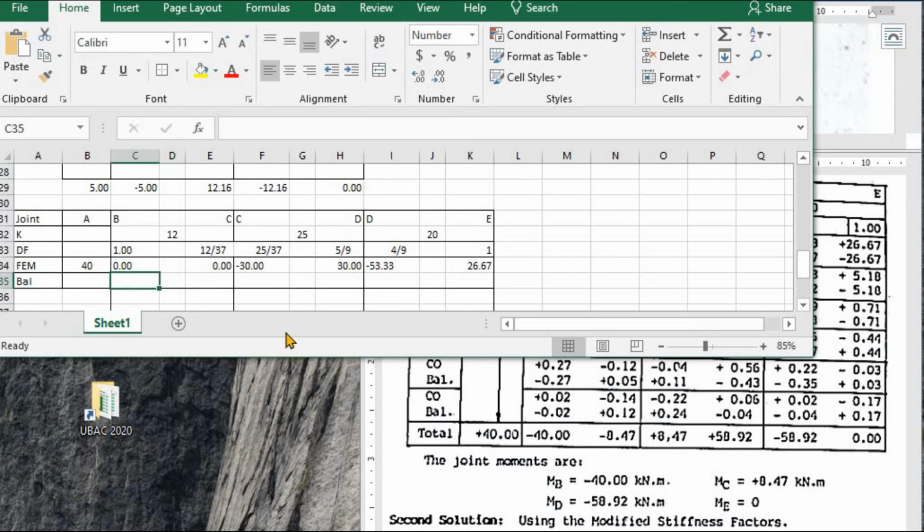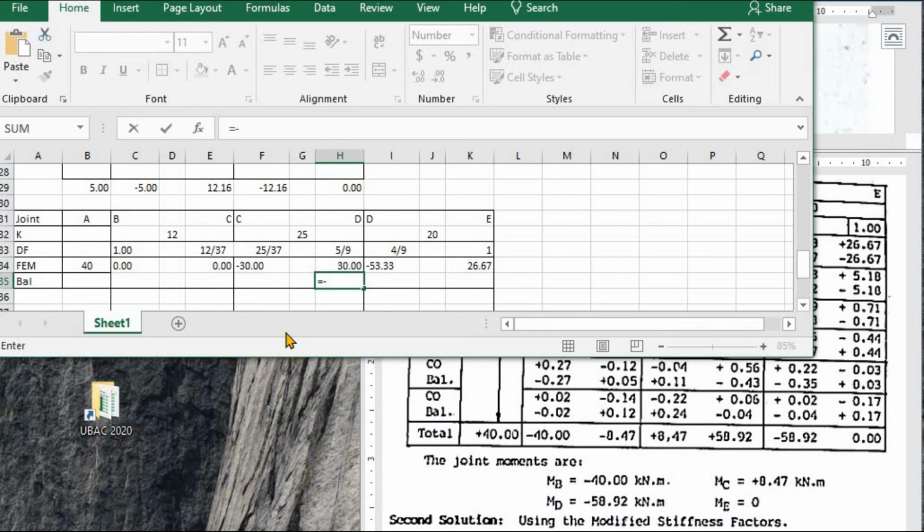Okay? Now, punta tayo ngayon sa balance. That is the sum of the fixed end moments connected at that joint multiplied by the distribution factor, then multiplied by negative 1. Okay? So, dito tayo ngayon sa point D. Yan. So, equal sign, negative ko na kaagad.